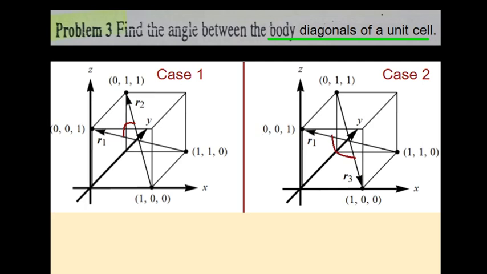In the case of problem number 3, they are asking about the angle between two body diagonals. If you look closely at a unit cubic crystal, you have two varieties of assuming the vectors in the cubic system.